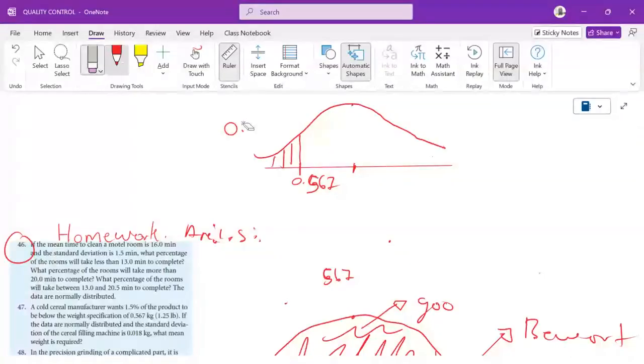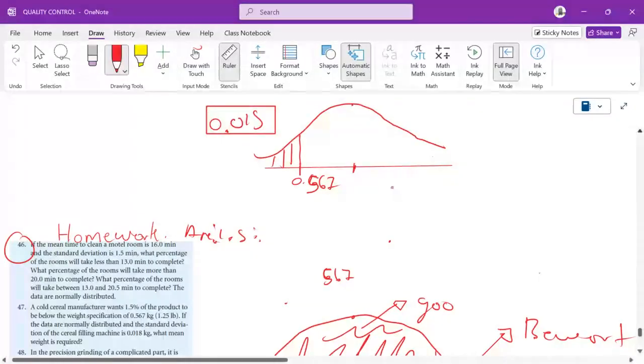Then we're given that this is 1.5%, and convert that: 1.5 divided by 100 is actually 0.015. You see that? So that's your area that you're going to look for in the table.